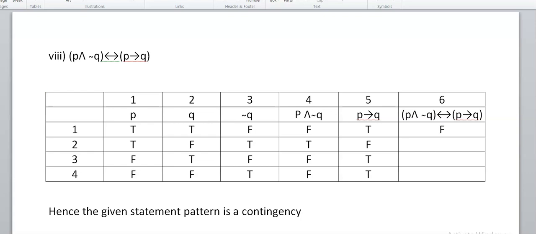TF is F, again F, and again F. Therefore the given statement is a contradiction. We write here that it is a contradiction.